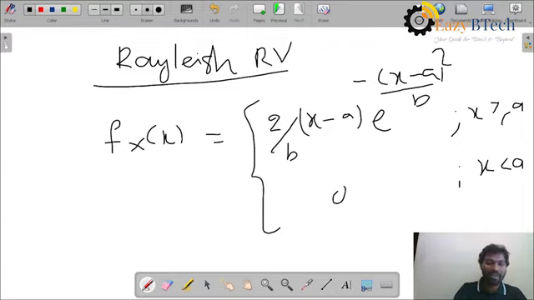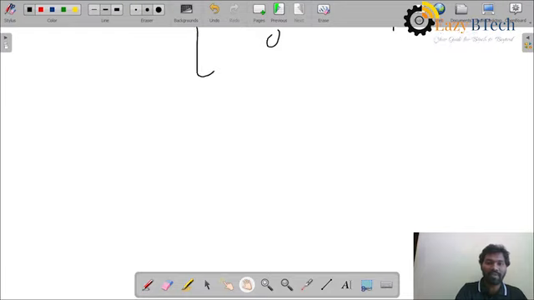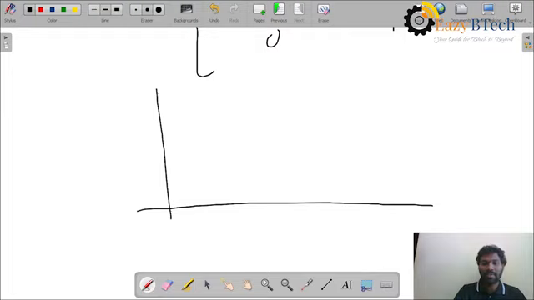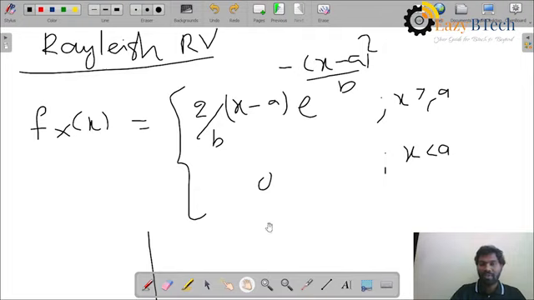So if you plot the probability density function of Rayleigh random variable, it looks like this. As you see here in the density function, in the exponential you are having (x − a)² by b.